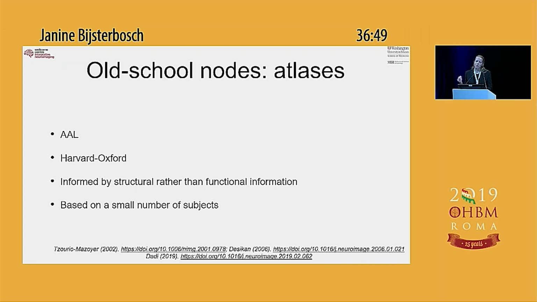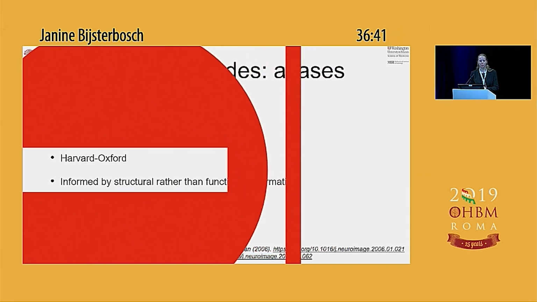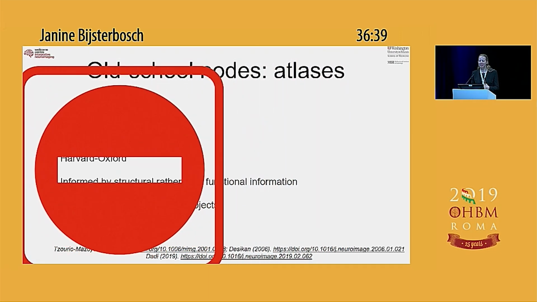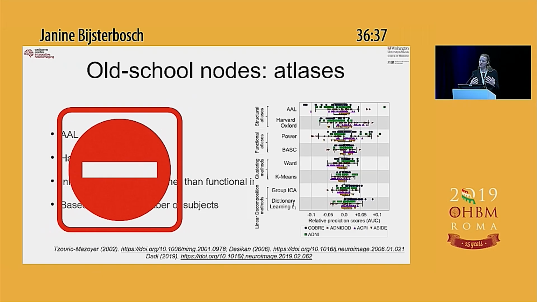And this is the only slide where I really have a clear-cut message and a clear-cut type of advice of what to do, which is, don't do it. I think pretty much everyone in the field in functional network neuroscience agrees that these don't represent the functional organization in the human brain very well.